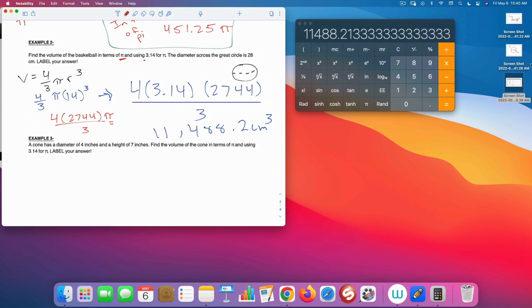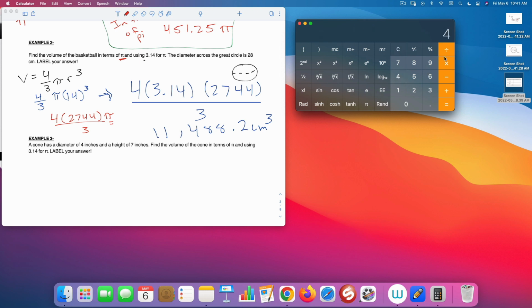Leave your pi out of the equation. 4 times 2744 equals, when you guys are multiplying this, hit equals and then divide. 3658?